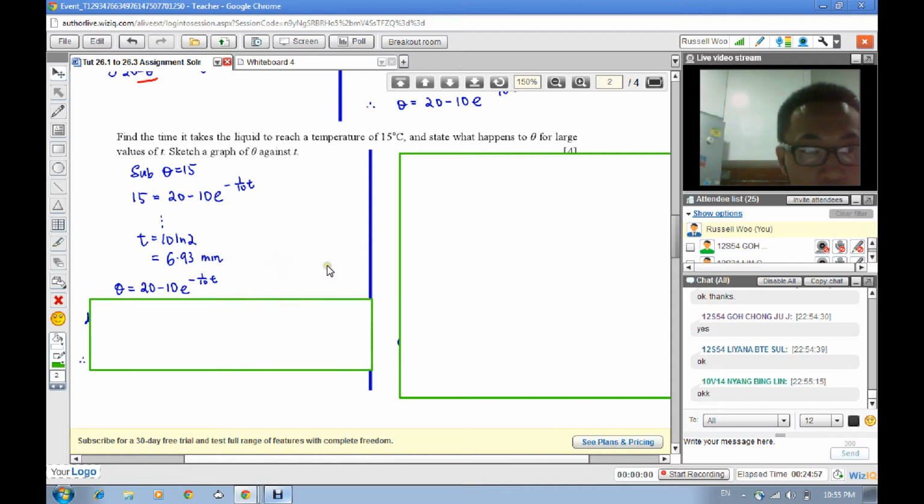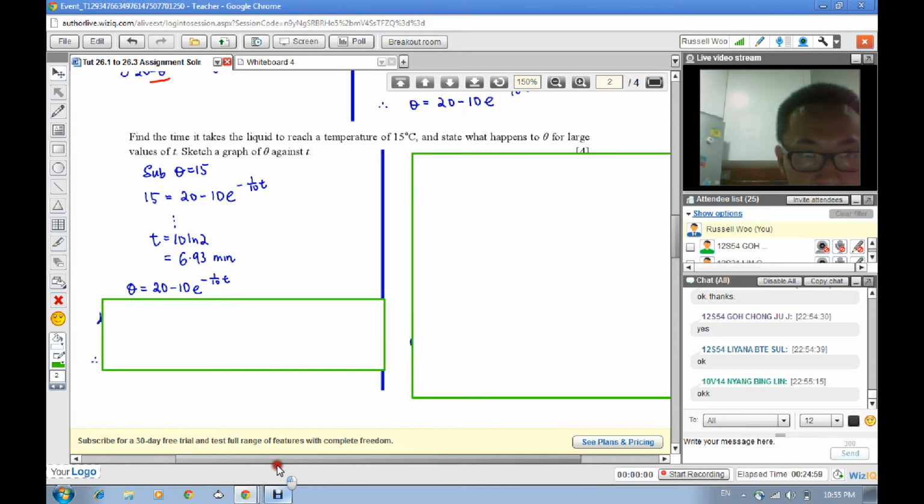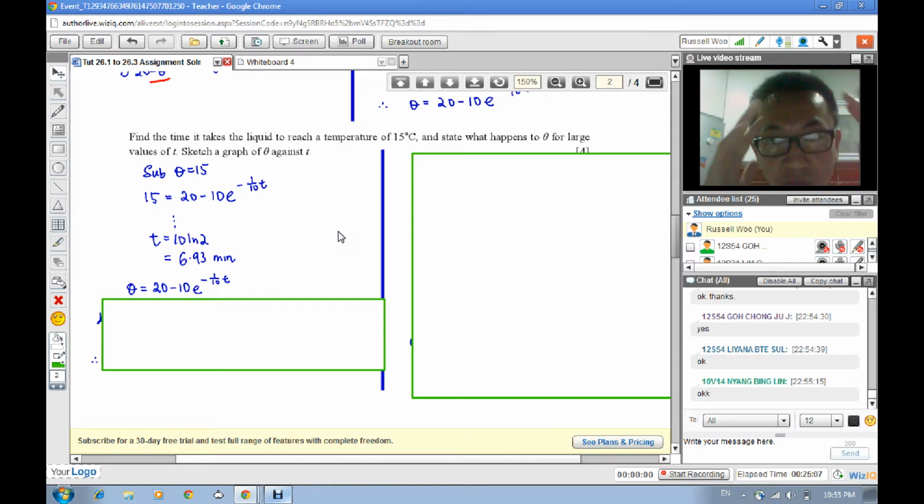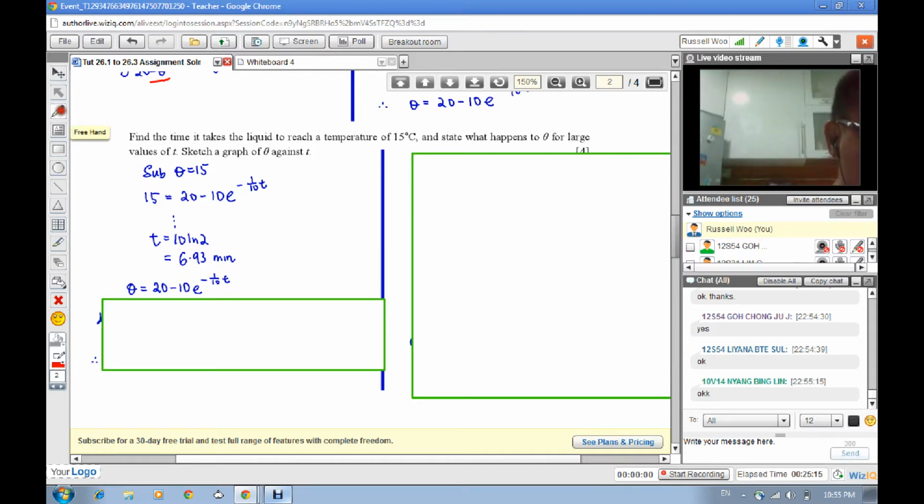Now, let's go look back at the DE again. We are supposed to state what happens to theta for large values of t. If t becomes very, very big, then it's quite obvious that the term at the back here becomes 0.